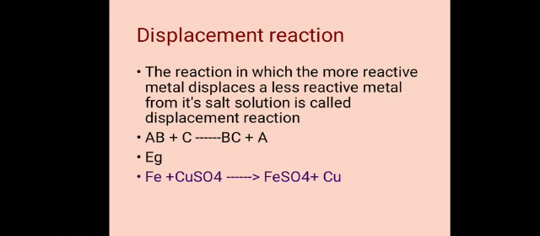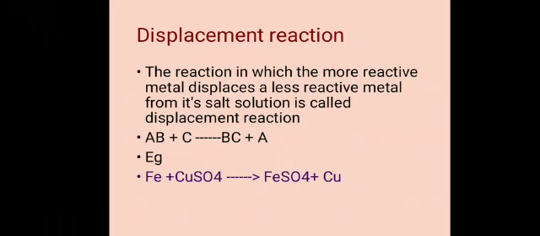The general form we can write like this: AB plus C gives BC plus A. Here C is more reactive than A. Both C and A are metals, and C is more reactive than A. So C replaces A and we get BC plus A. Okay.